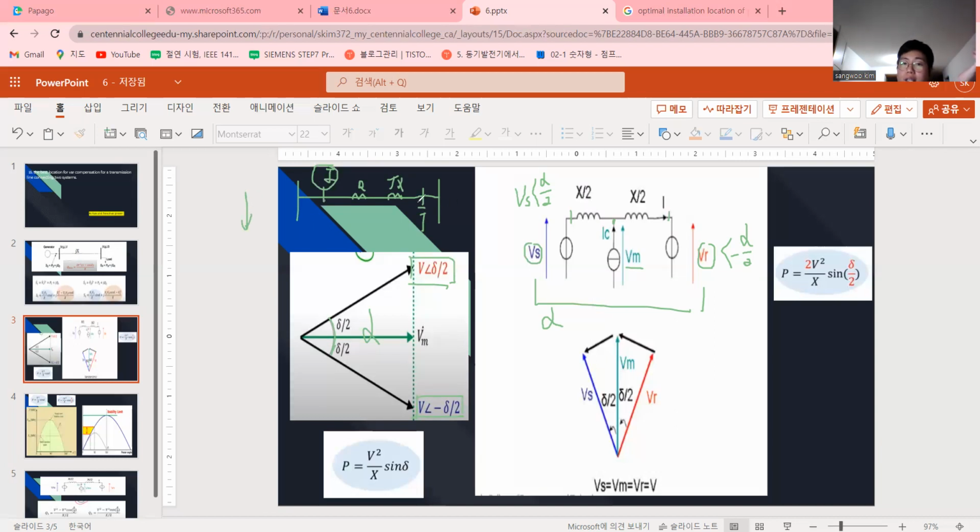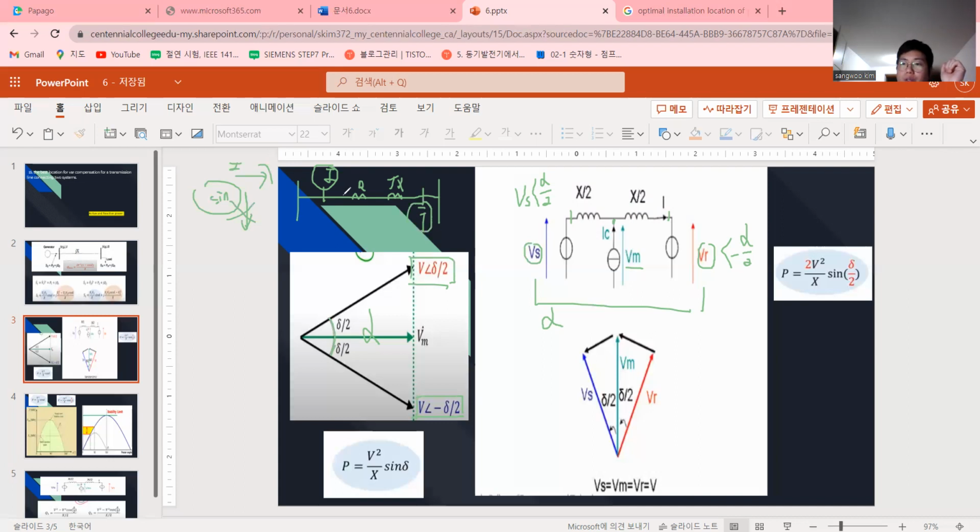But since we added, for example, a capacitor bank, we reduced the sine current. We only want to send the cosine, active current, right? So that's why we reduce the line current.